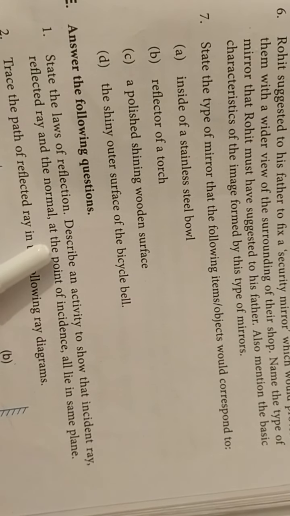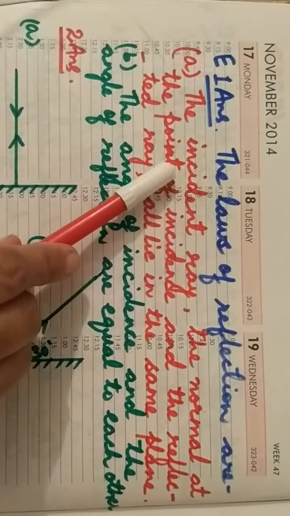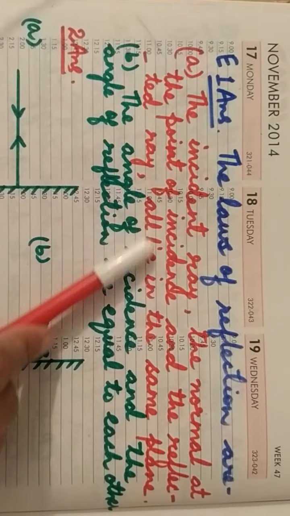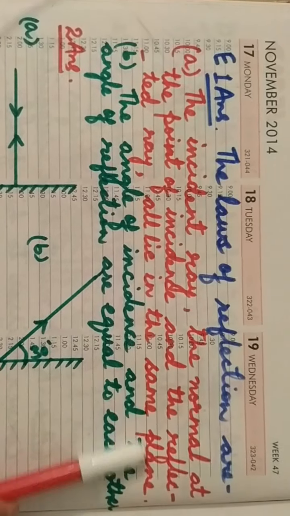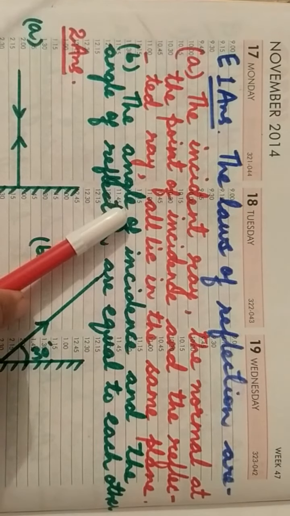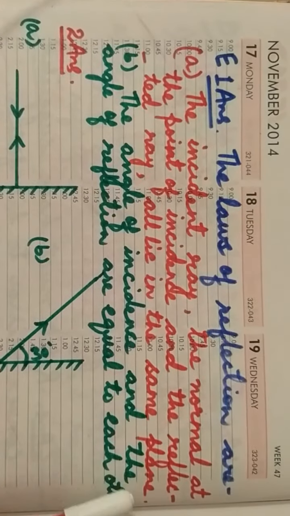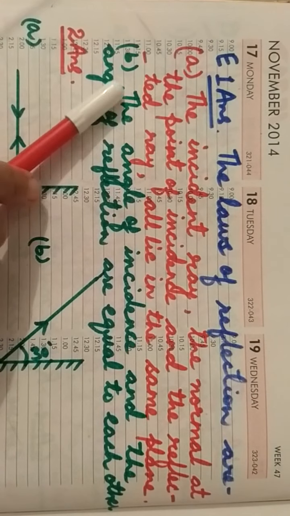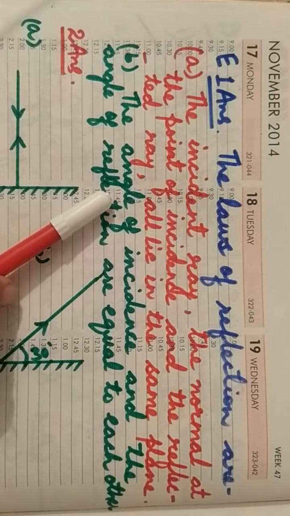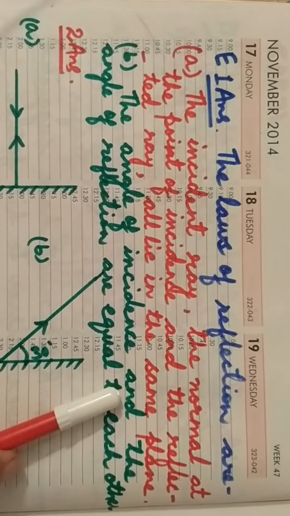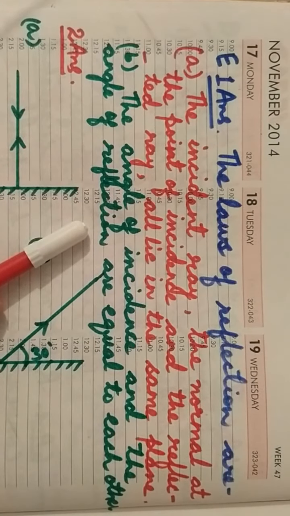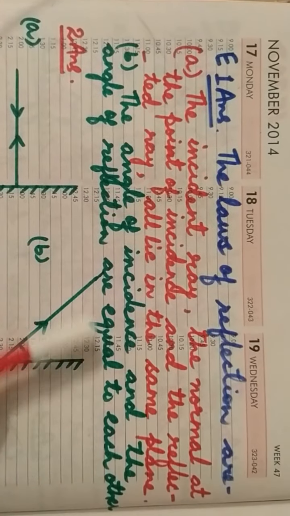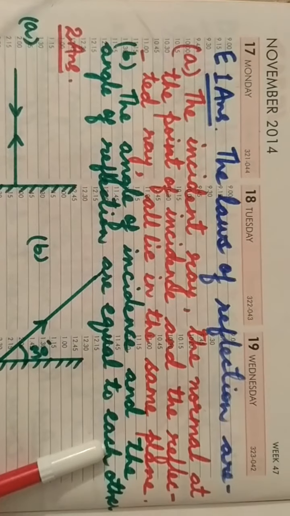The incident ray, the normal at the point of incidence and the reflected ray all lie in the same plane. This is the first law of reflection, and the second law of reflection is that the angle of incidence and the angle of reflection are equal to each other. So this is the second law of reflection.